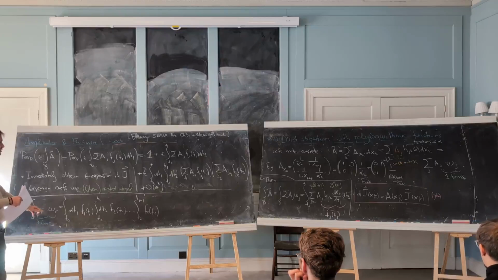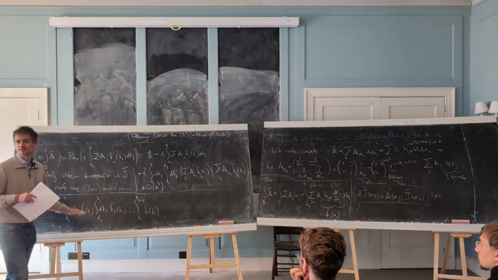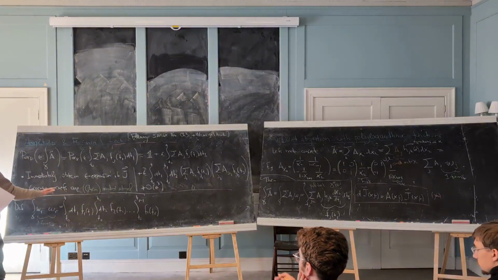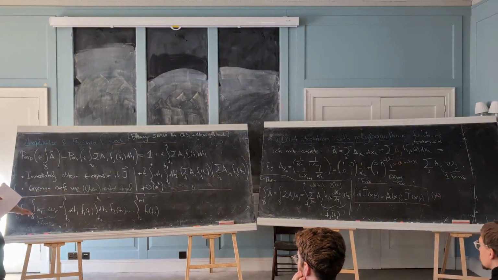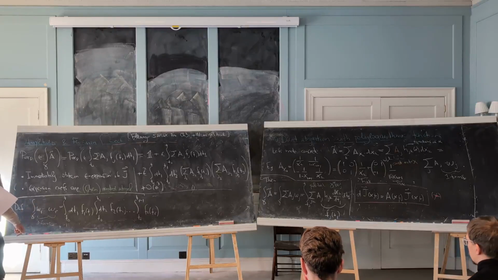Gamma goes from t0. Shall I write it down again, or is it clear? Shall I write it just to have it?